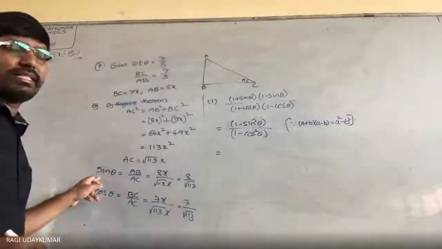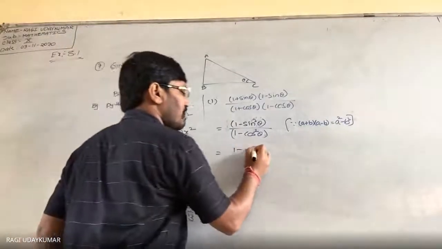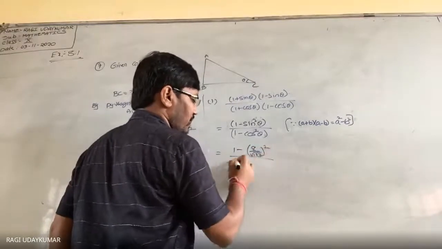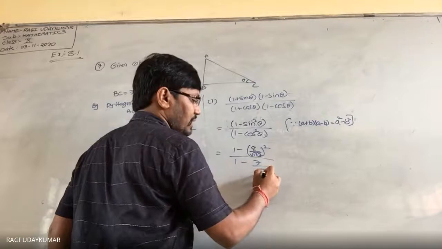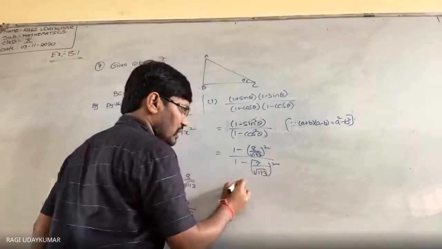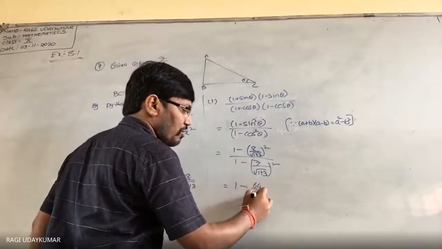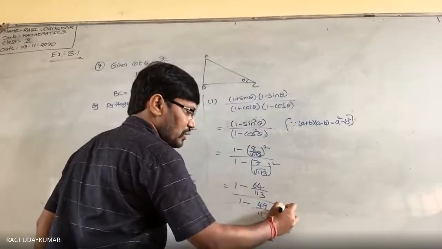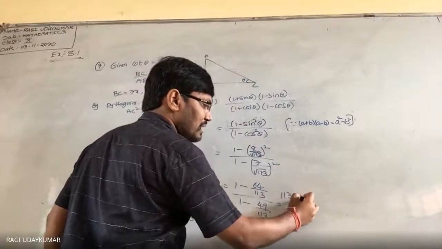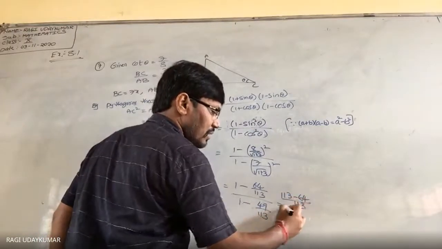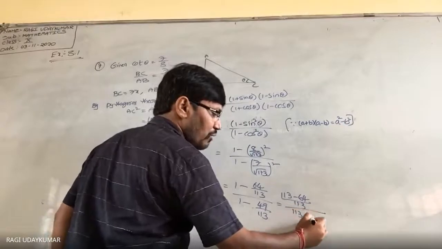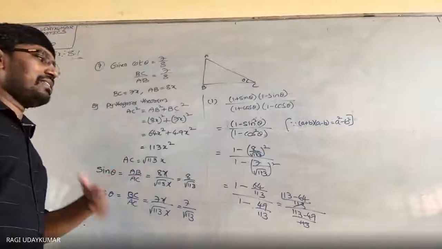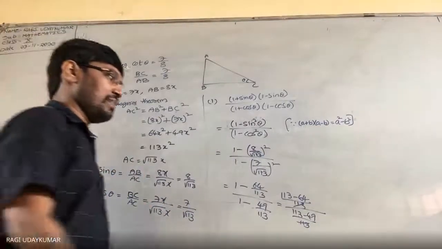So 1 minus sin square theta, this is sin theta. 1 minus sin square theta means 1 minus 8 by under root of 113 whole square, by 1 minus 7 by under root of 113 whole square. Which is equal to 1 minus 64 by 113, by 1 minus 49 by 113, which is equal to 113 minus 64 by 113 divided by 113 minus 49 by 113. 113 will get cancelled. 113 minus 64 is 49.